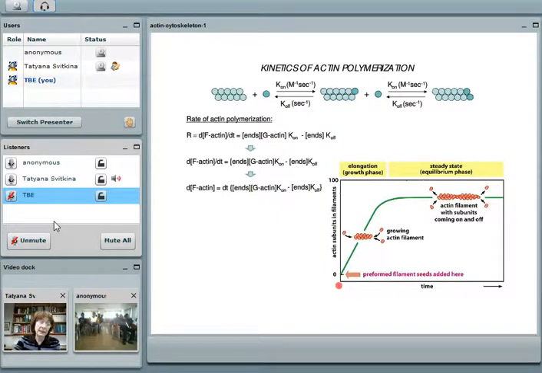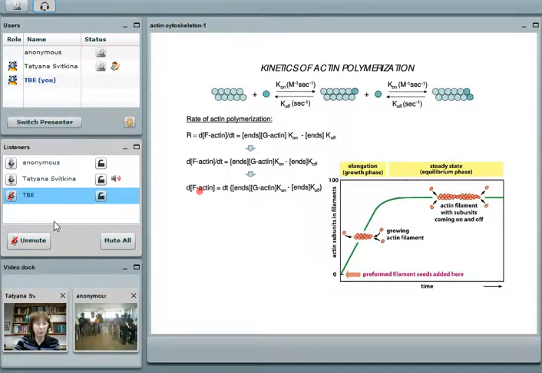And what we can see is that the amount of polymer gained initially increases linearly with time. But then it slows down and eventually comes to a steady state. This is when the amount of polymer which is added is equivalent to the amount of polymer which is dissociated. And this can be seen pretty much from this equation.